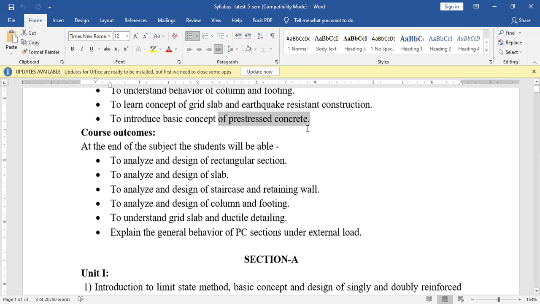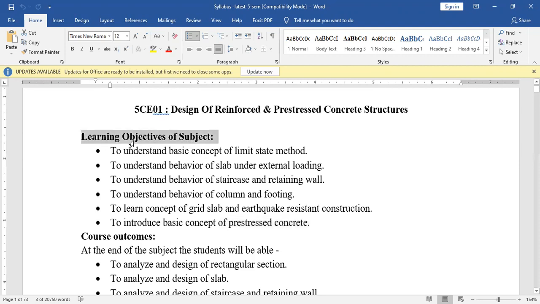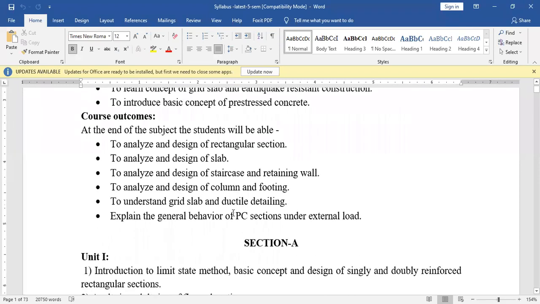So these are the certain objectives that you are going to learn. Now, if you talk about the course outcome, when you learn the subject, what you should learn at the end of the subject. Basically, the first one is the analysis and design of rectangular section.